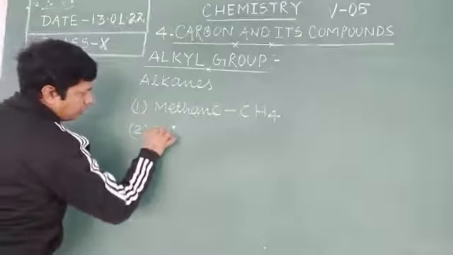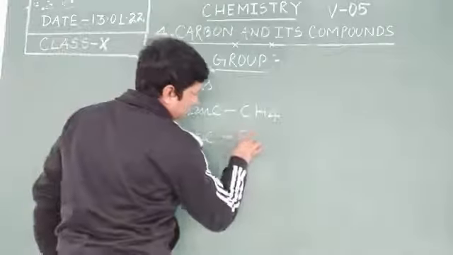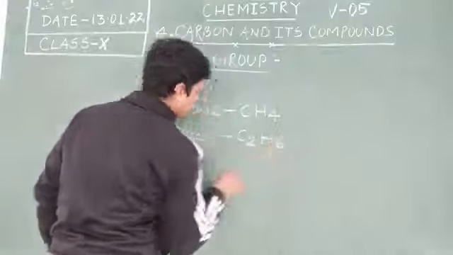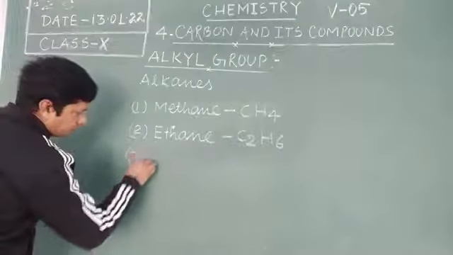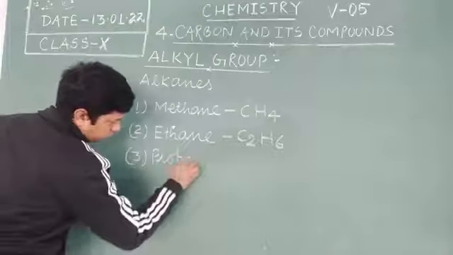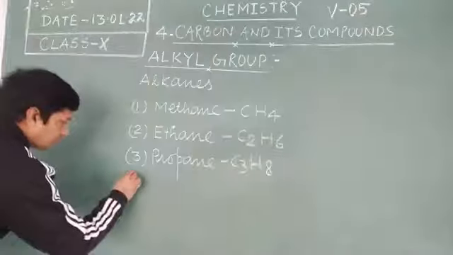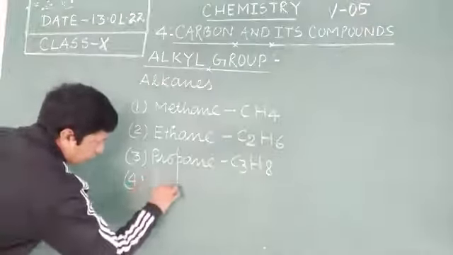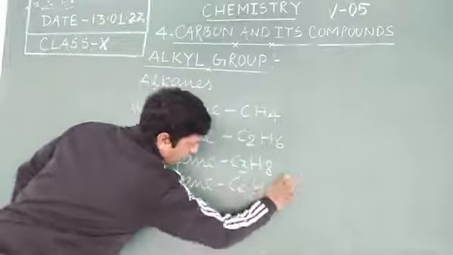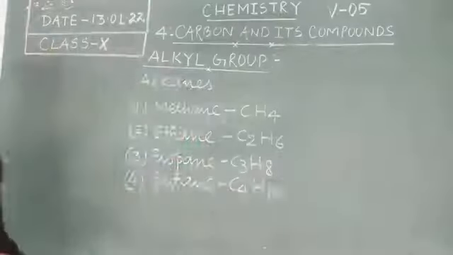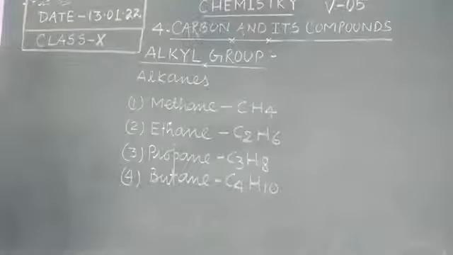The second member is ethane, with formula C2H6. Then propane, C3H8, butane, C4H10, like that. These are the members of alkanes.